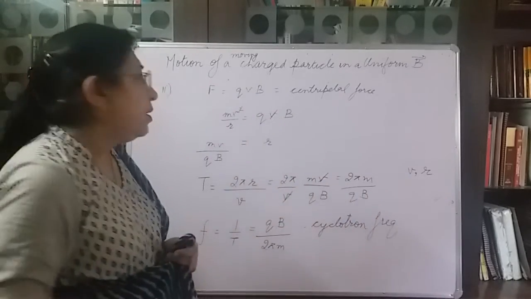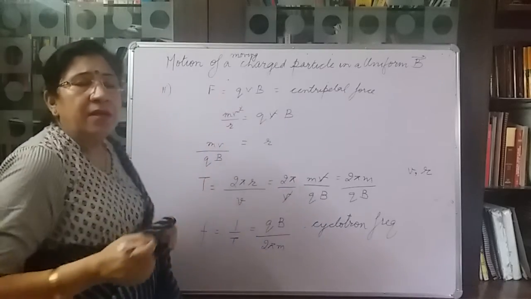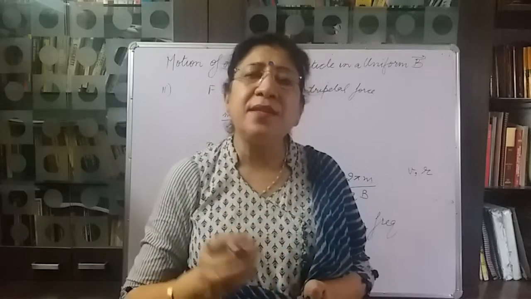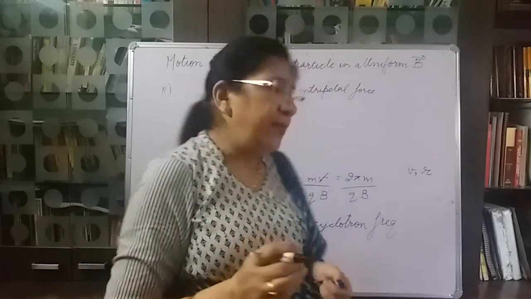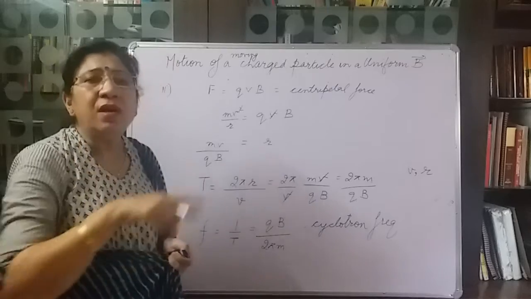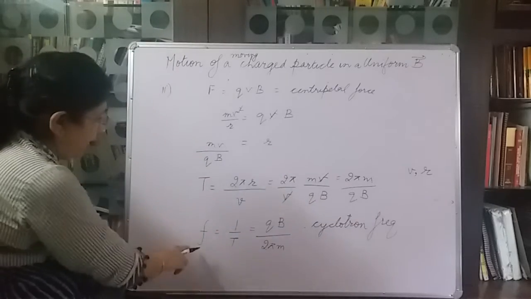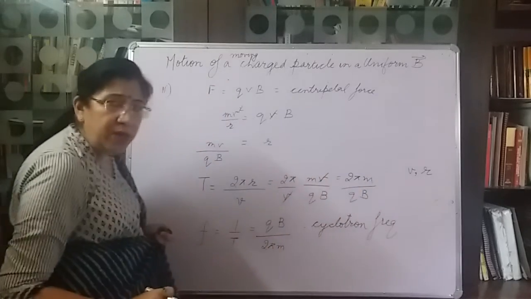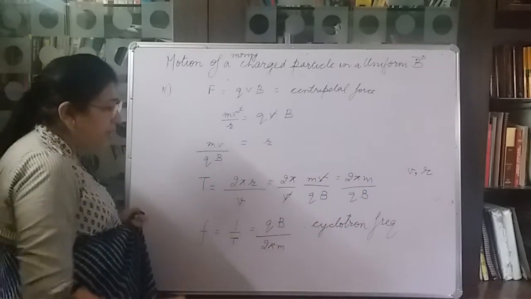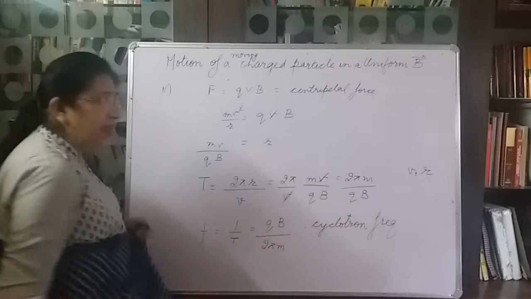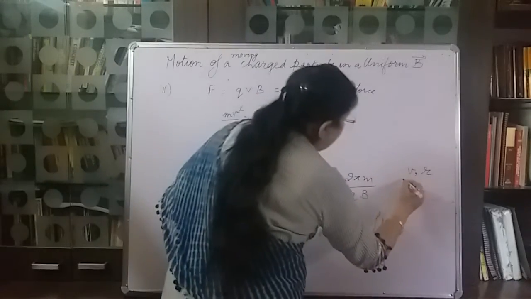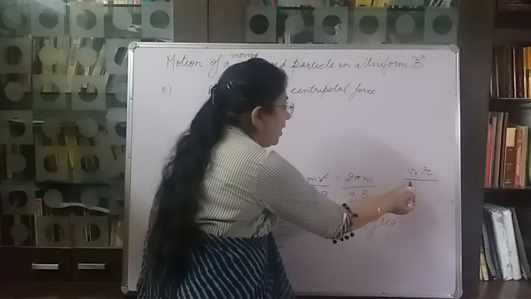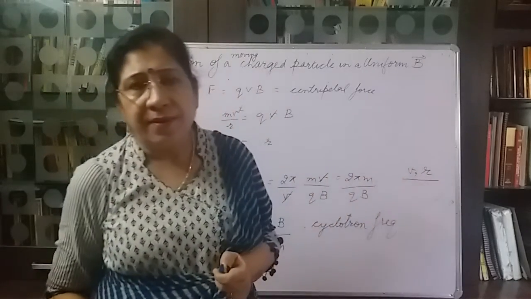When the angle between the velocity vector and magnetic field is 90 degrees, the particle moves along a circular path, and the period of revolution is given by 2 pi m by qB. The frequency of revolution is given by qB by 2 pi m. In both cases, the time period and frequency are independent of the velocity and the radius.